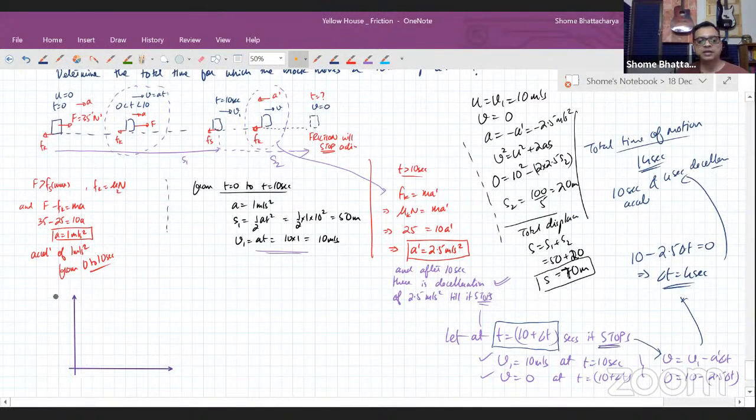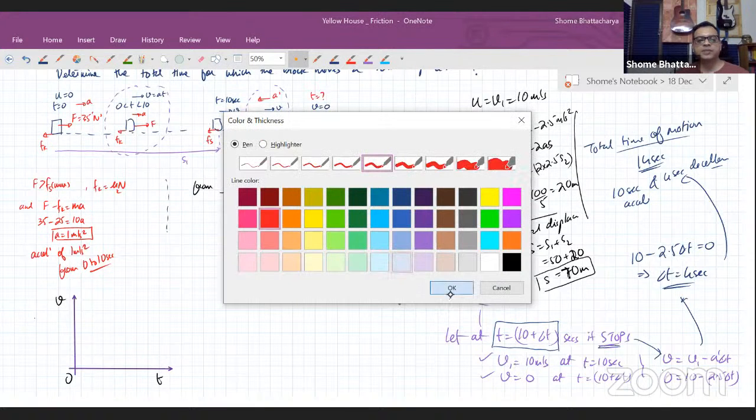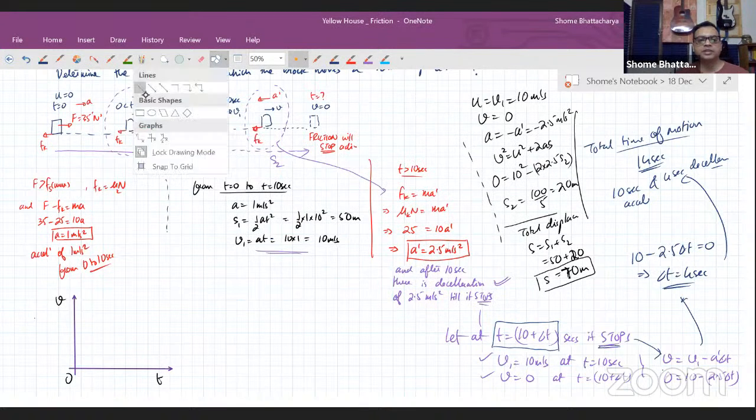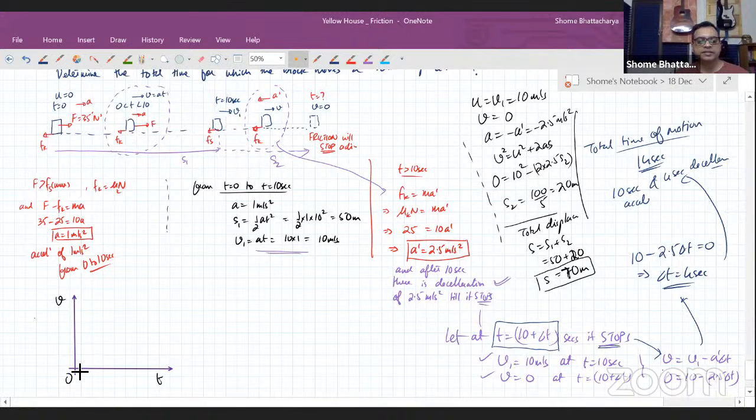The velocity time graph will look like this. It will initially accelerate at a comparatively slower rate, 1 meter per second square, and then later decelerate very sharply in comparison at 2.5.